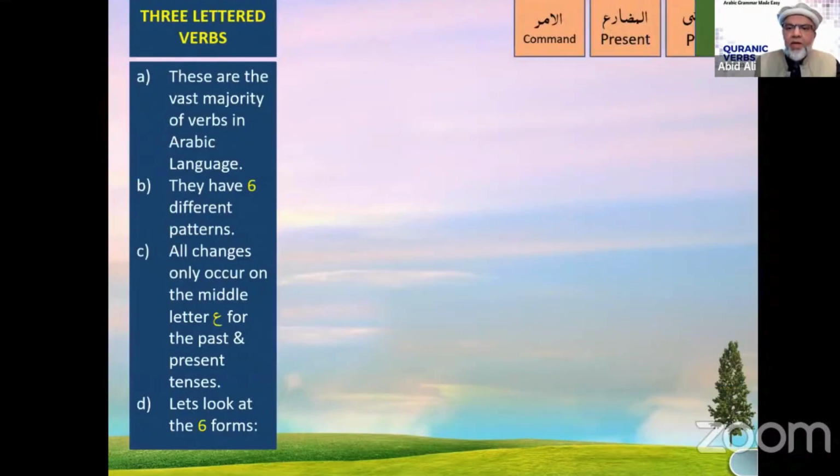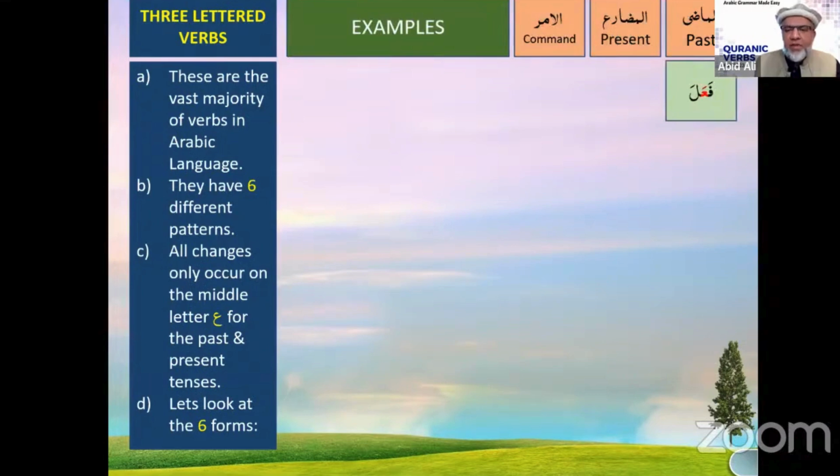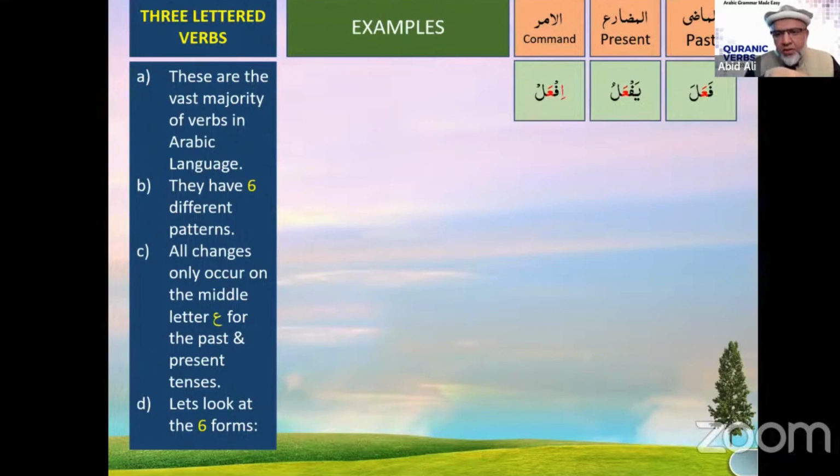Okay, Al-Madi, Al-Amr, and some example. So when we have Fa'ala, we will get Yaf'alu, and the command will be, then again, I'm going to start introducing the command today. Command is when you say do. What is the meaning of Fa'ala? He did. Yafalu, he does, he will do, or he is doing.